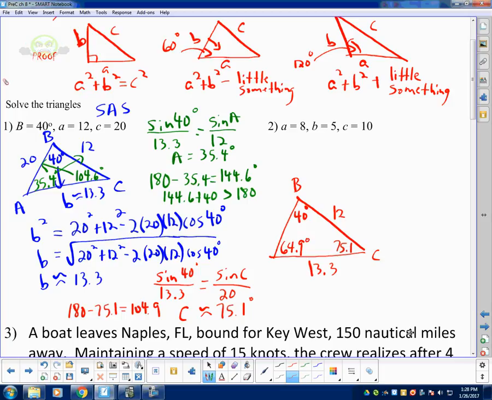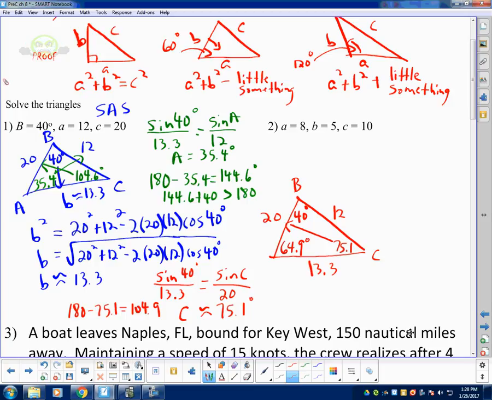The 20, the 12, and the 40 were all given to me. I can't change those. But say I found angle C first at 75.1. What you'll see is we have a bit of a mix-up in the way in which triangles are set up. We can see that the 75.1 is the biggest angle, and it's opposite the biggest side.